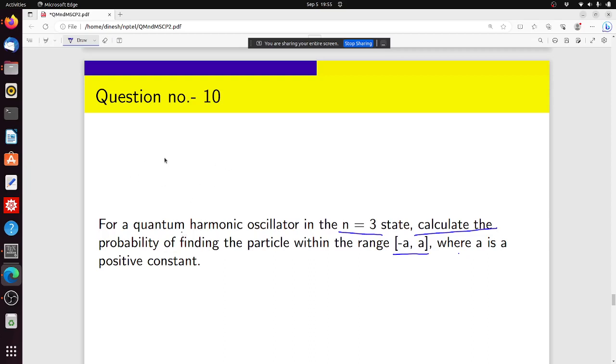So I'll start from the wave function. The wave function for quantum harmonic oscillator will have the form. Actually it is expressed in terms of this Hermite polynomial, and its wave function is written as 1 over root of 2 to the power n factorial, times (m omega over pi h cross) to the power 1/4, times e to the power minus m omega x squared over 2 h cross, and this Hermite polynomial.